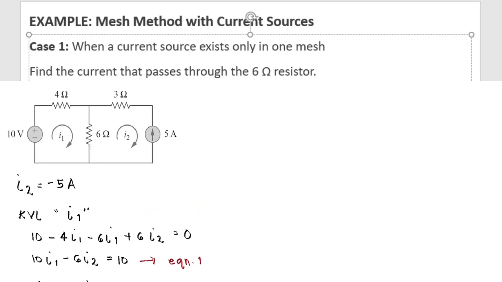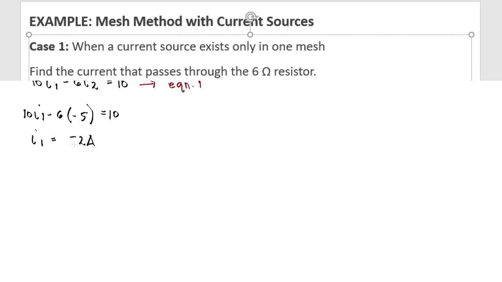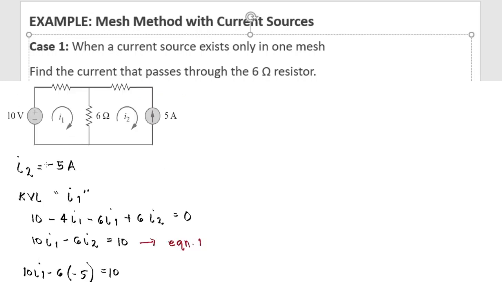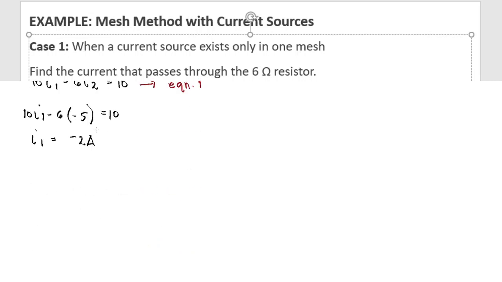So 6 ohm resistor, our I1 is negative. Our I2 is also negative. Now, what I am going to do is try to correct for the directions of I1 and I2 with respect to the 6 ohm resistor. So our I2 is negative 5 amperes. Therefore, with respect to the 6 ohm resistor, my I2 is downward.